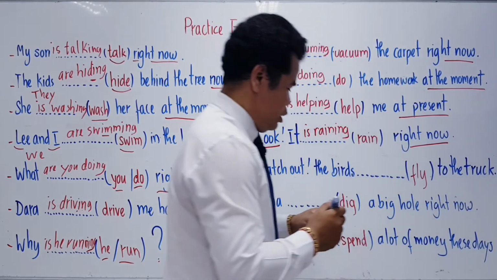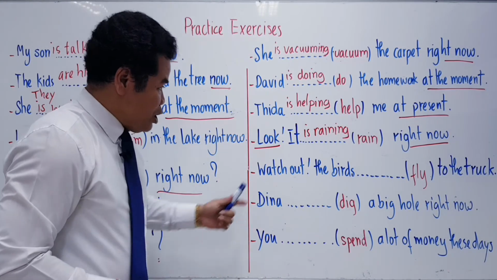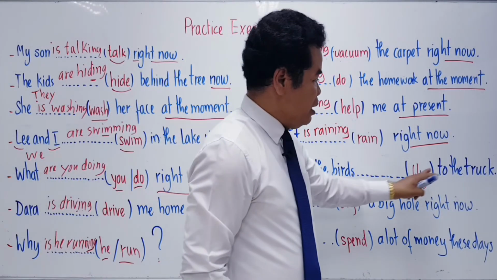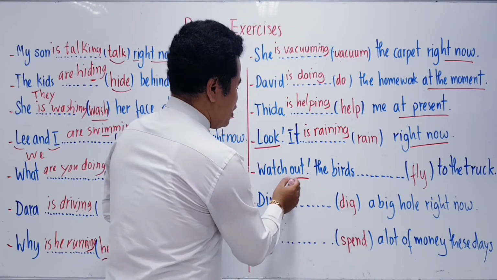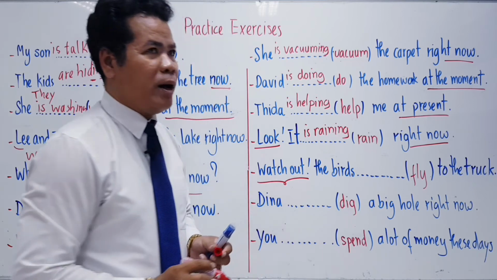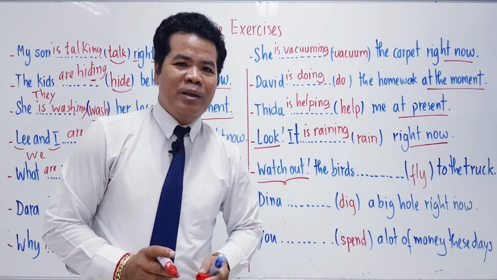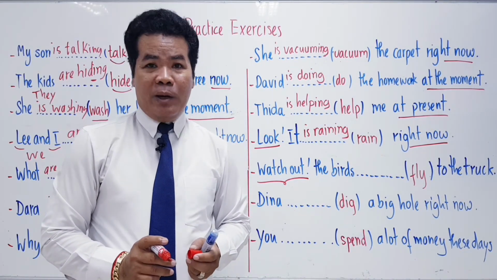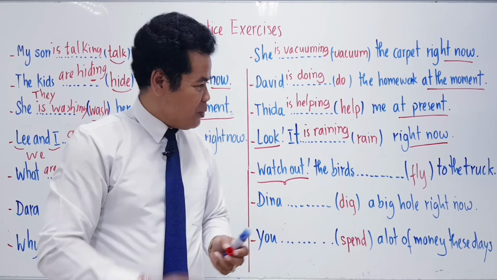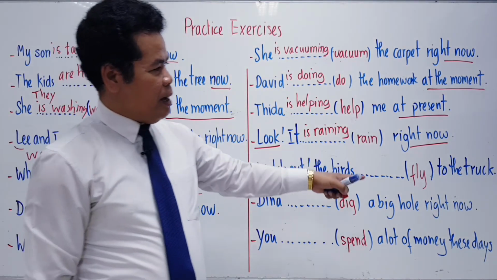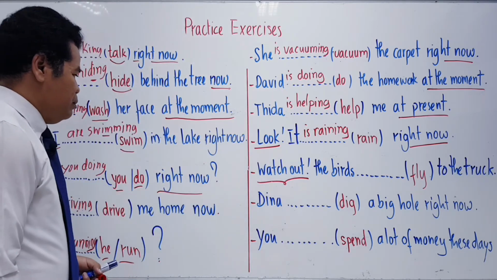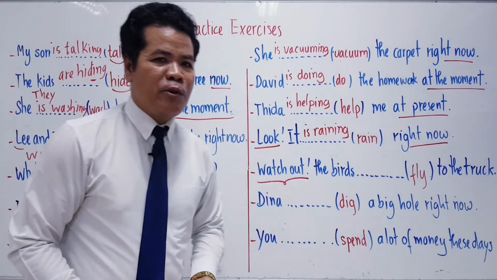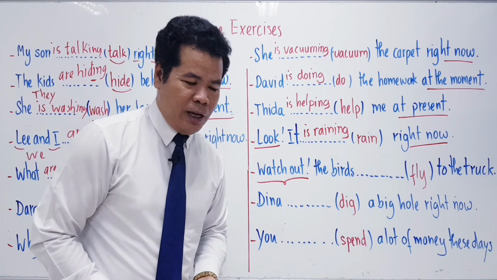Okay, now look at this one. Watch out, the bird fly to the truck. The phrase watch out is also one of the keywords we use for the present progressive. Okay, so remember, watch out, right now, at present, at the moment, now. These are all the keywords for present progressive use, right?